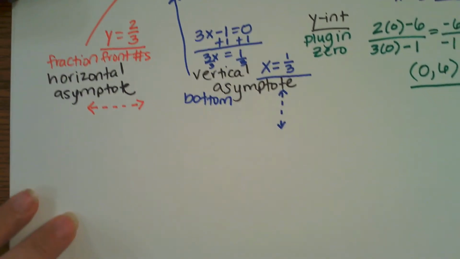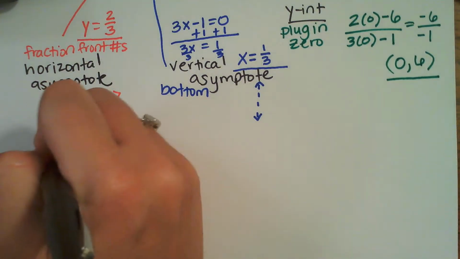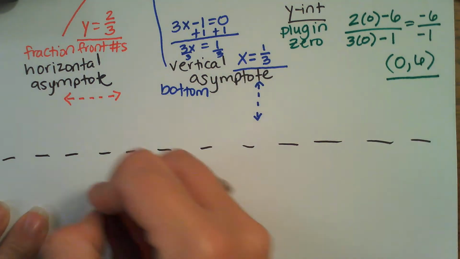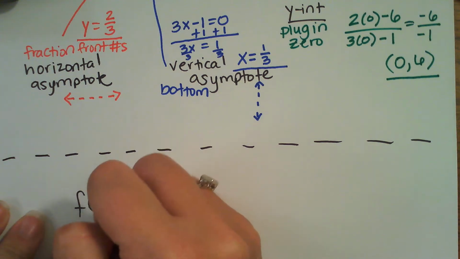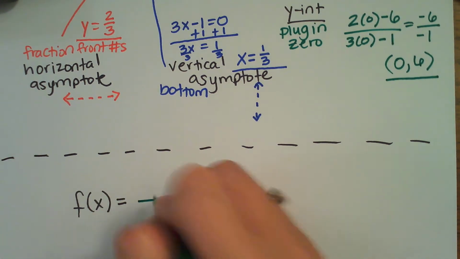All right. The next thing that we discussed on Friday were the different transformations for a square root function. And there are 3 that we saw in that unit.